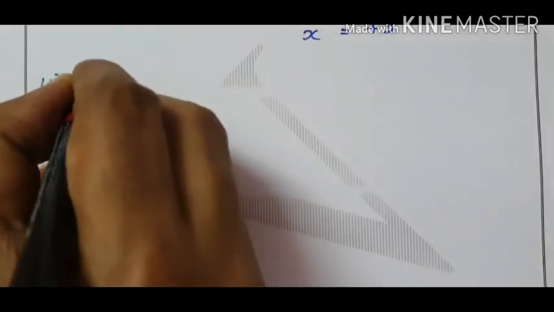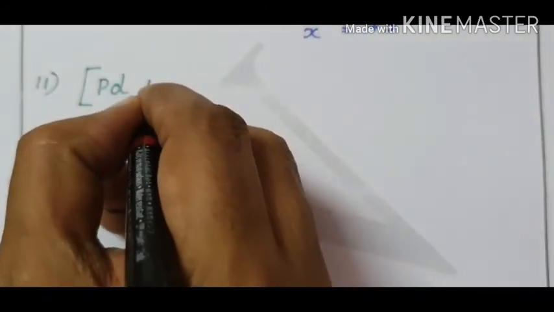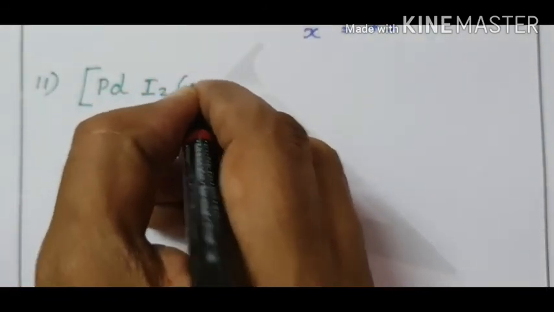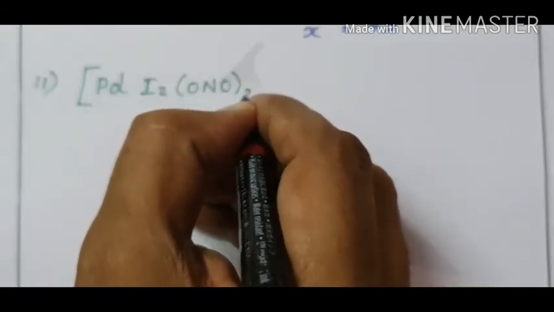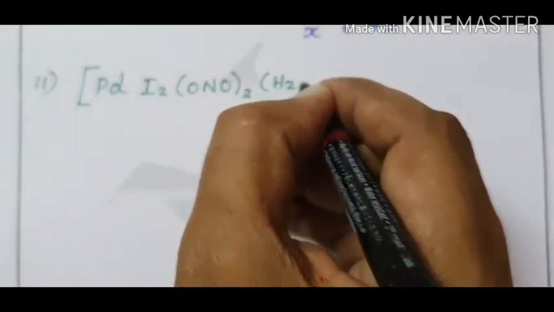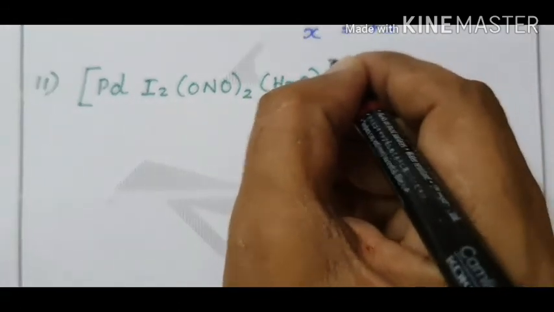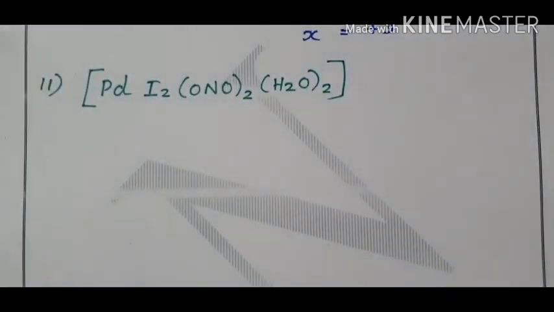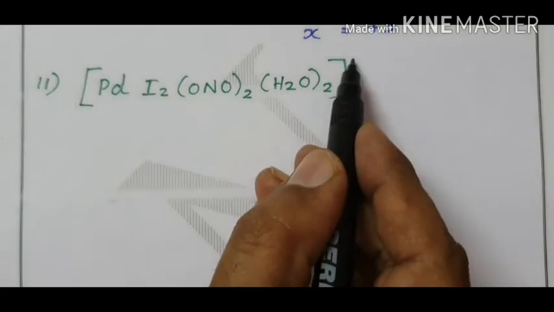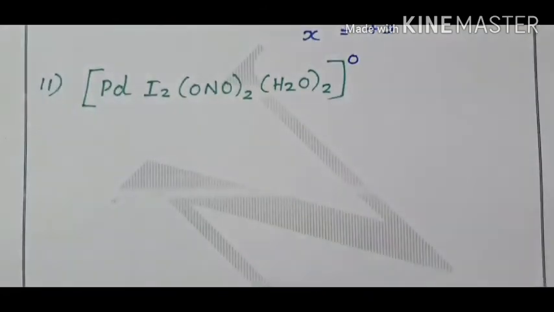Complex number 11: Pd I2 (ONO)2 (H2O)2. Not platinum, palladium. See the complex? There is no counter ion, there is no charge on this complex. If there is no charge, the charge on the complex is taken as 0.